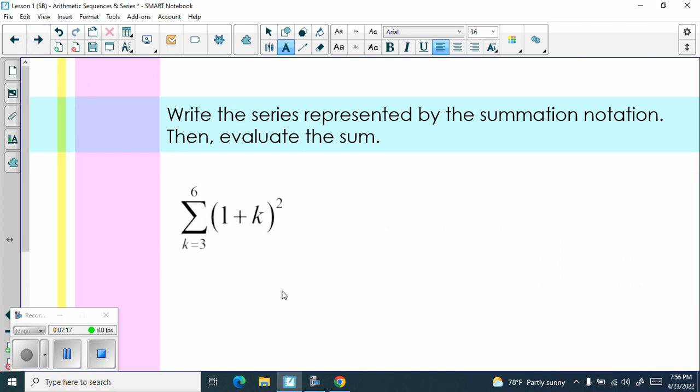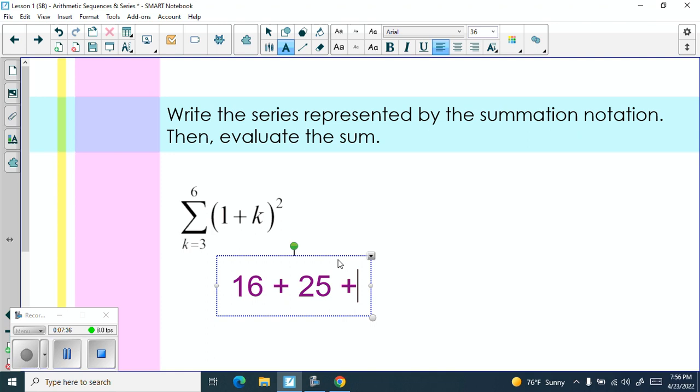All right, so for our next one, I'm going to do the math as I go along, so I don't have to keep doing any superscripts. So we're going to start with 1 plus 3 is 4, and 4 squared is 16. 1 plus 4 is 5, 5 squared is 25. 1 plus 5 is 6, 6 squared is 36.